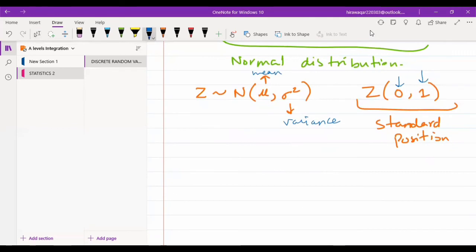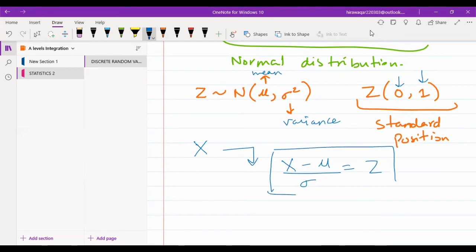But if you have the x value which is not standard, you have to standardize it. To standardize the value, you need to subtract the mean from it and divide it by the standard deviation. Then you will get the same ultimate z value, standardized by this formula, if you are receiving any x value.